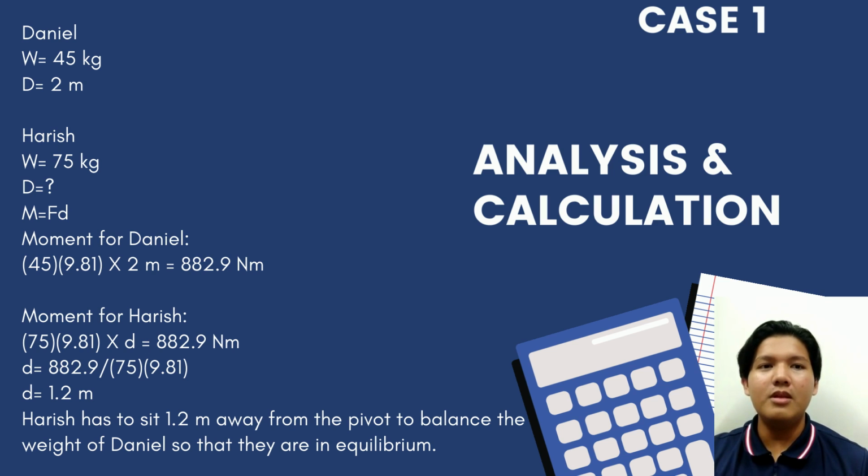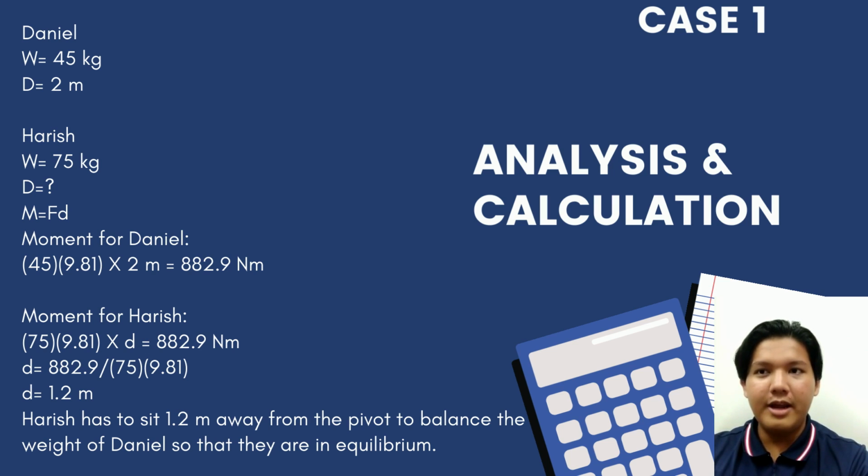So the step for the solution is first we need to find the moment for Daniel in the clockwise direction. So we need to use his weight multiplied by the constant for gravity and multiply it with the distance from the pivot, and we will get the moment, which is 882.9 Newton meters.